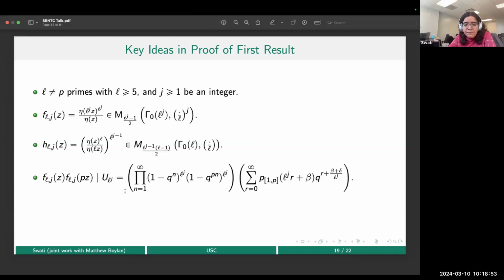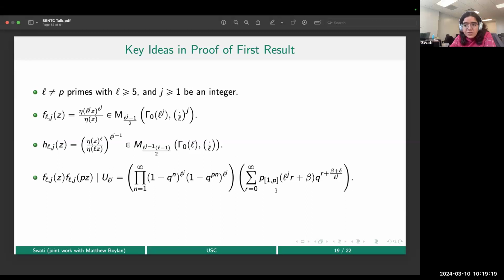Now, if we look at the product acted upon by ULJ, we do get this infinite series times this infinite sum. From this series, it is not hard to observe that the order of vanishing at infinity for this form is basically beta plus delta over Lj.